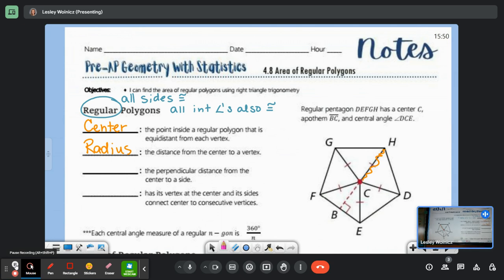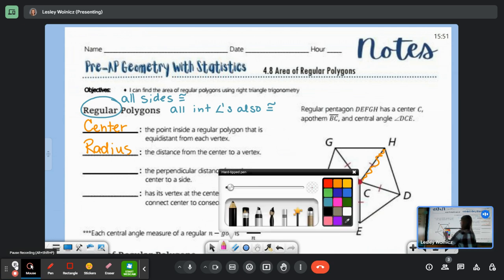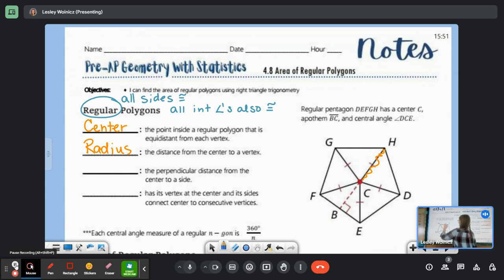We're going to skip over the third one for a second. The last one on here, the fourth one, has its vertex at the center, and its sides connect the center to consecutive vertices. So if you think about connecting the vertices to the center, and they have to be consecutive, that means one follows the other.